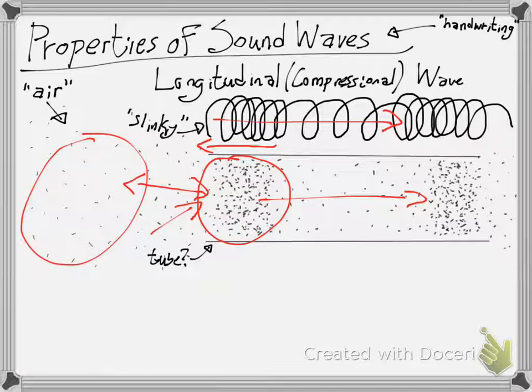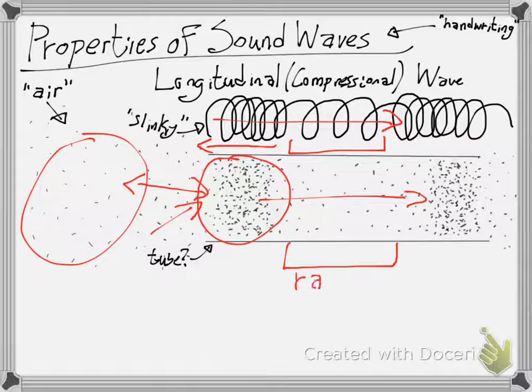And additionally, in our slinky, we were able to see areas here, right in the middle, where the spring maybe got stretched out beyond the normal stretchedness of the spring. And similarly, we can see those in air too. And of course the name for these are rarefactions.